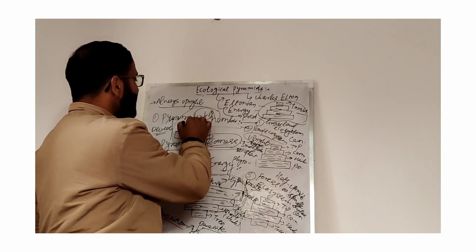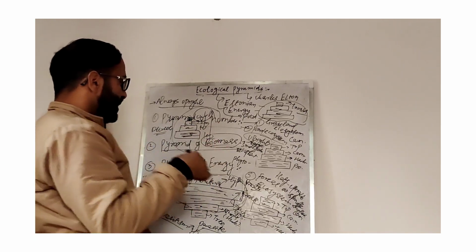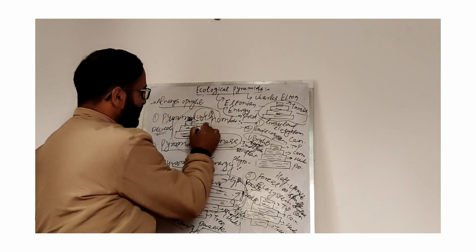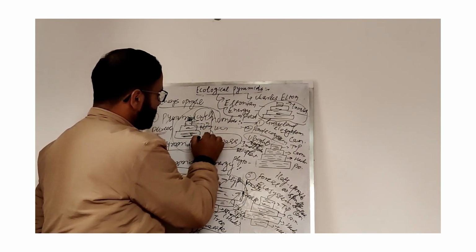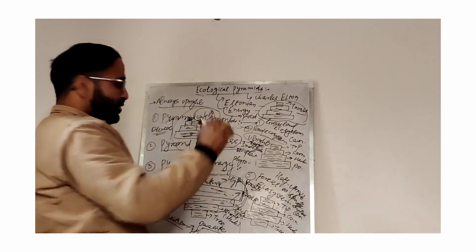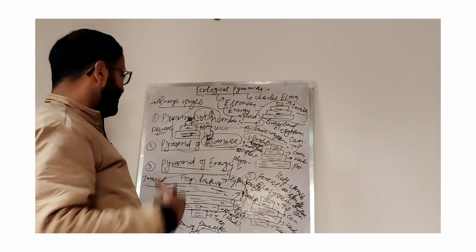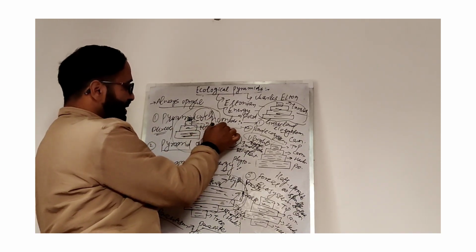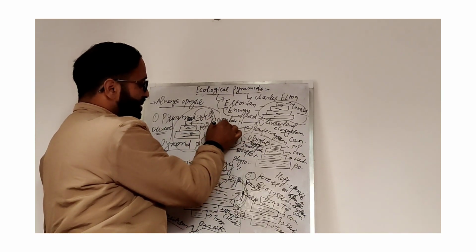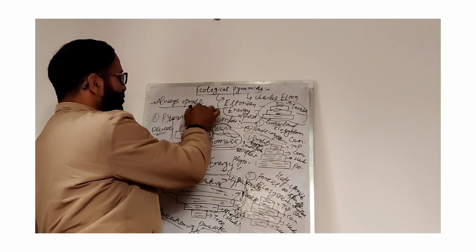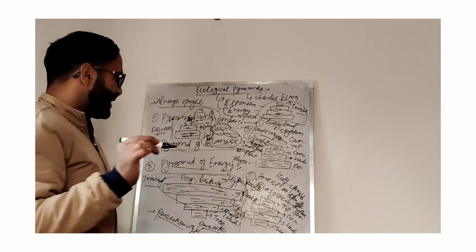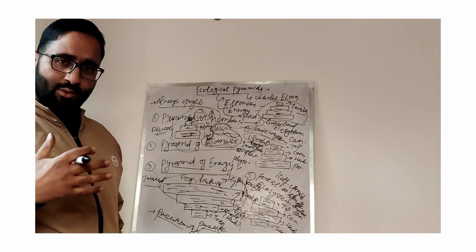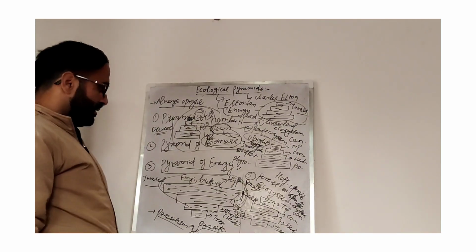For example, if an animal here requires 100 units of energy, it has to eat more and more organisms from the trophic level below. Only then can its energy requirement be met. So at the top carnivore level, the total amount of energy present is very less.